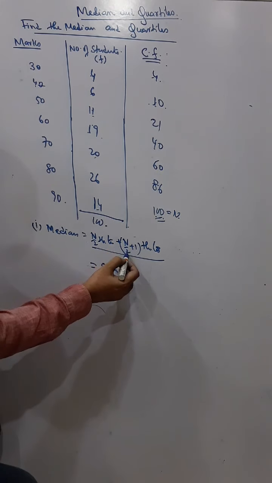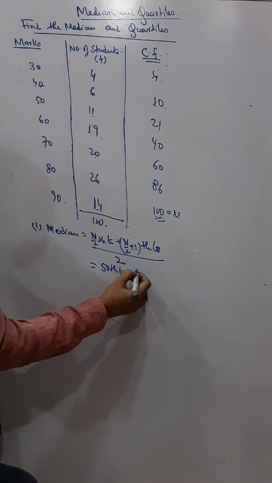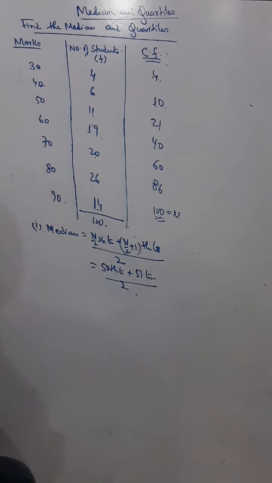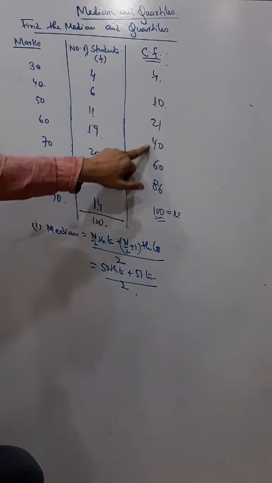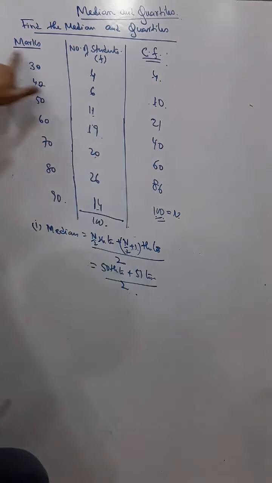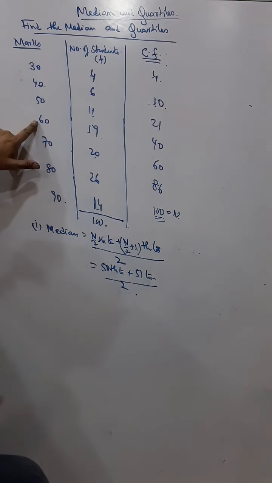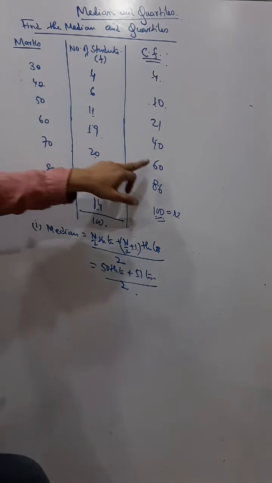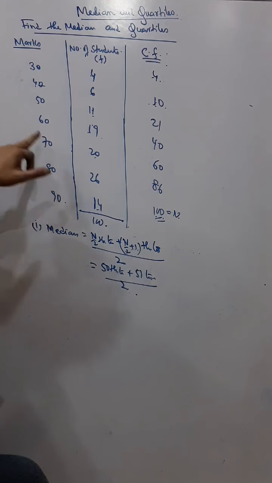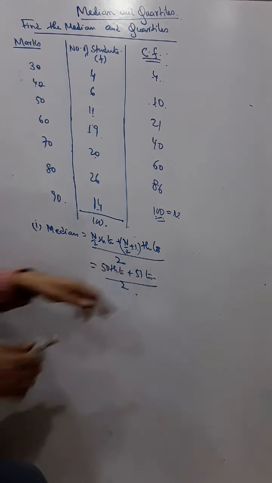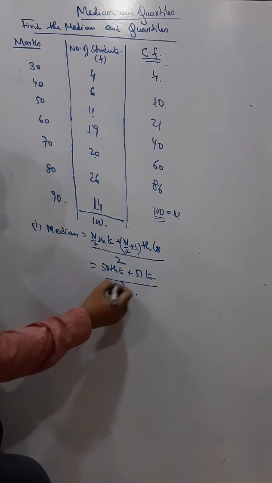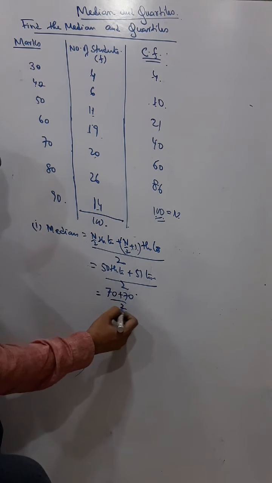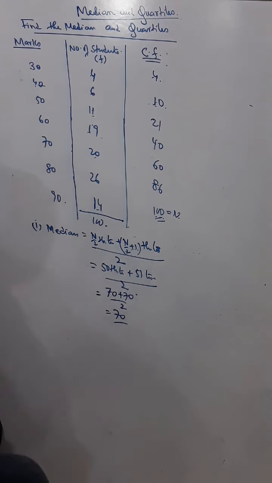And 100 by 2 plus 1 means 50 plus 1, that is the 51st term, divided by 2. Now you can understand that from the 41st term to the 60th term is 70. The 42nd is 70, the 50th term is 70, and even the 51st term is also 70. So simply we can say median is 70 plus 70 divided by 2, so my answer will be 70.